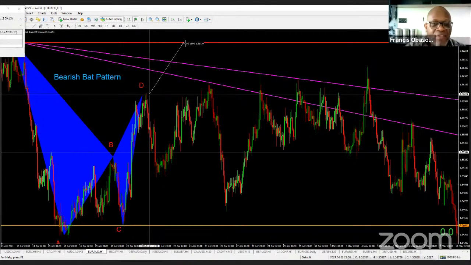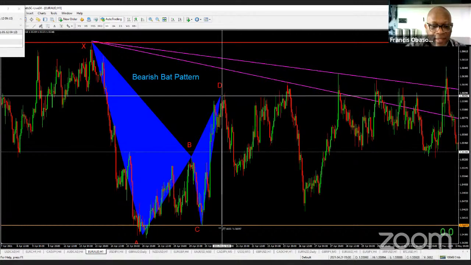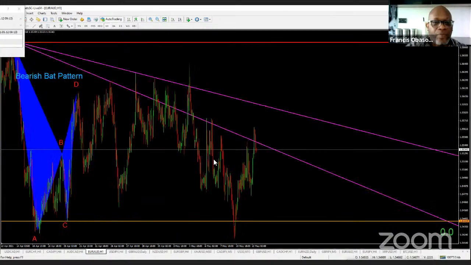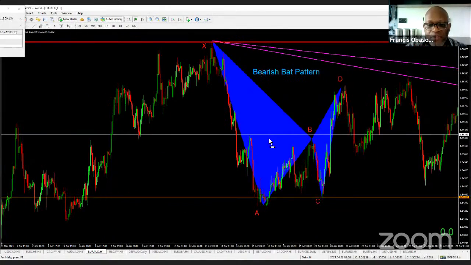As a matter of fact, make it a 70 pip stop loss to target about 165 or 170. So you can see the risk to reward is super. Wow. It's better than 1 to 2. So this is basically one of the strategies and trading styles we teach at Generational Wealth.